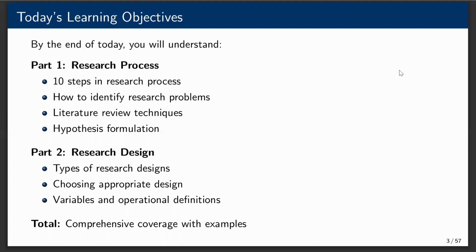So today's learning objectives are basically, by the end of today you will understand first what is research process. There are basically 10 steps in research process. Then how to identify research problems, then literature review techniques, then hypothesis formulation.